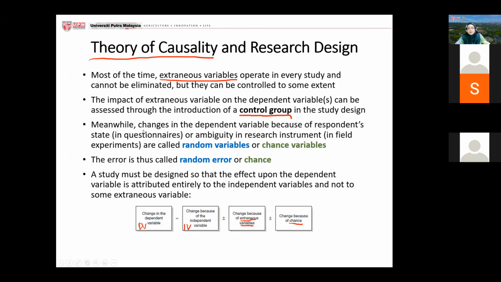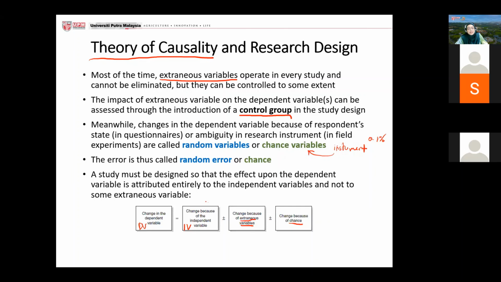Here I already gave an example: changes in the dependent variable because of the respondent's state in a questionnaire, or ambiguity in the research instrument. Sometimes the sensors of your instrument are less sensitive that day, so it has like a 0.1% difference between that day and other days. That is something that falls under chance.